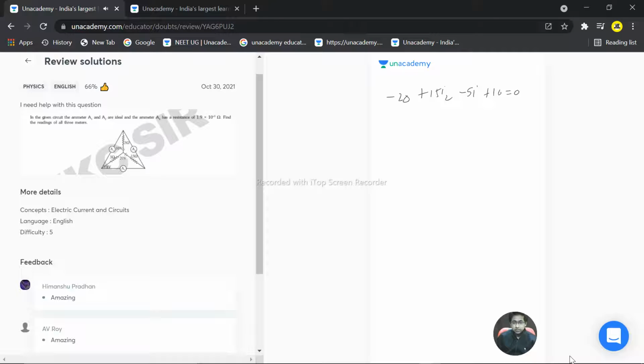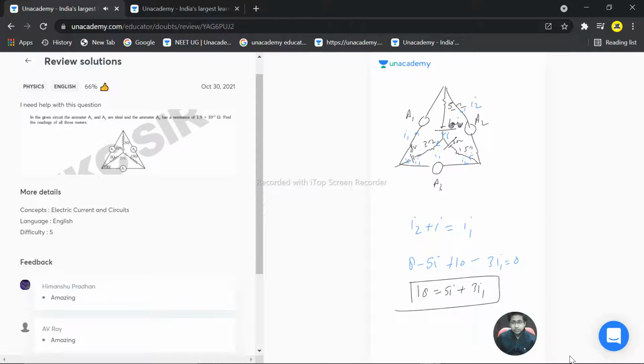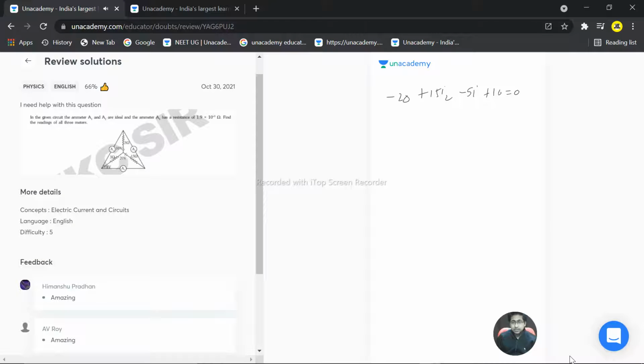Minus 20 and plus 10 is minus 10, so 15I2 minus 5I is equal to 10.